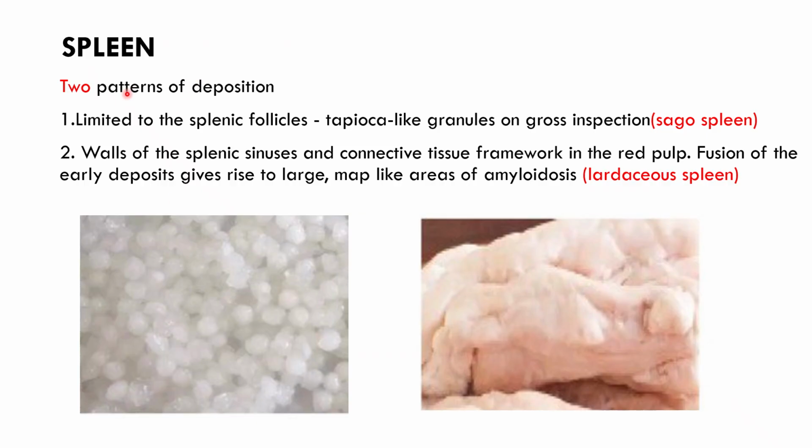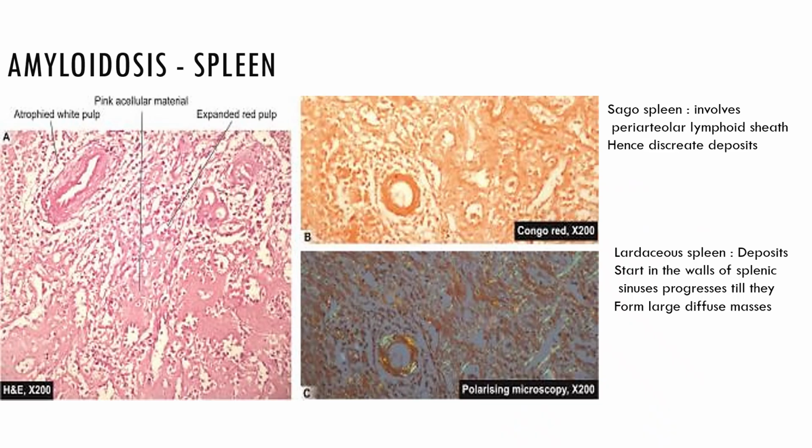In spleen, amyloid deposition can be in two forms. It can be limited to the splenic follicles and give the appearance of sago spleen, with tapioca-like granules on gross inspection. It can also deposit in the splenic sinuses and the connective tissue framework in the red pulp, giving the appearance of lardaceous spleen, like fat-like spleen.